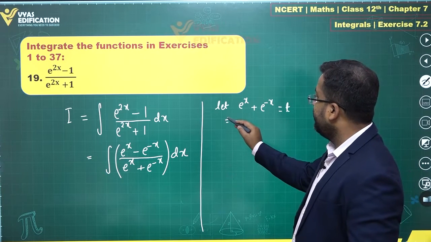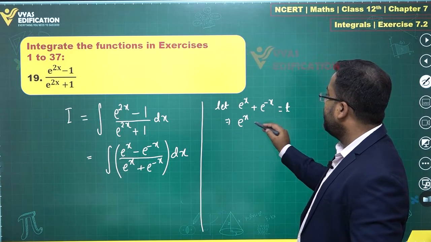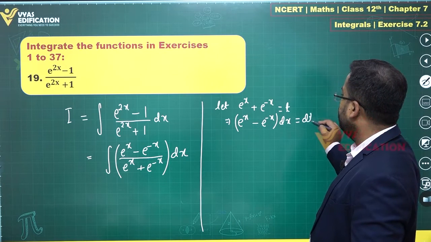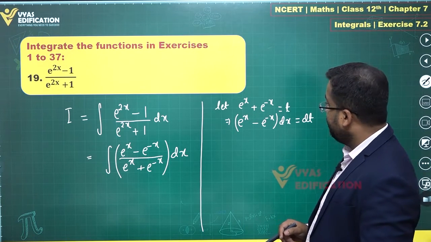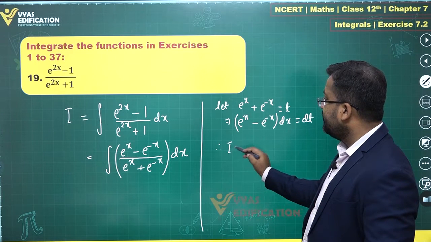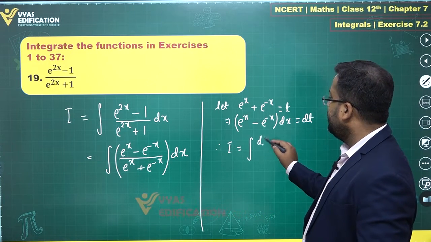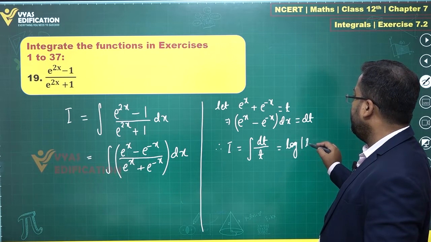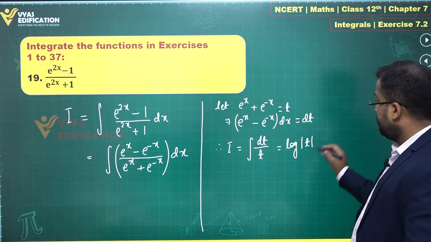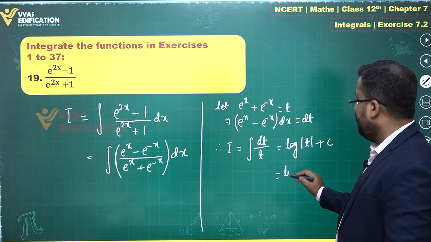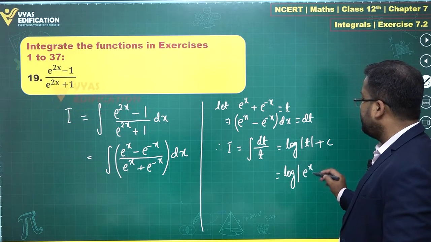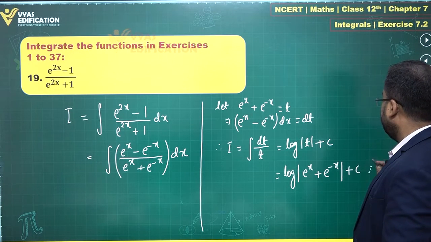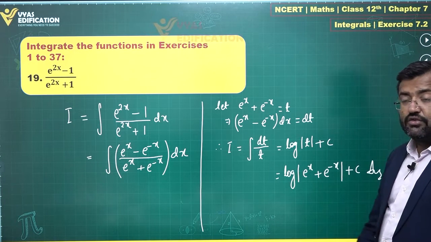With the help of this, what you can see is e power x minus e power minus x times dx is equal to dt. This is what you observe, right? Therefore, I is equal to integral of dt upon t, which is log mod t, plus constant, which is equal to log modulus of e power x plus e power minus x plus constant. That is my required answer for this question.